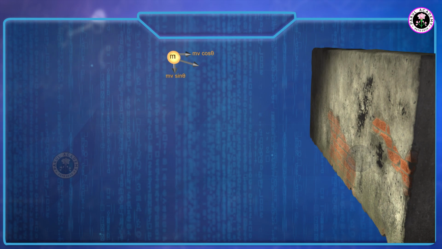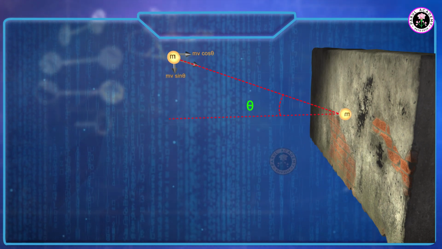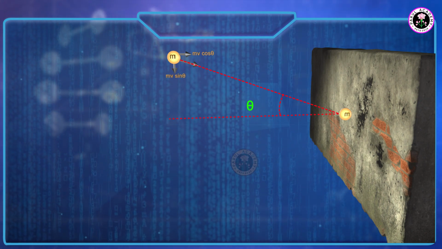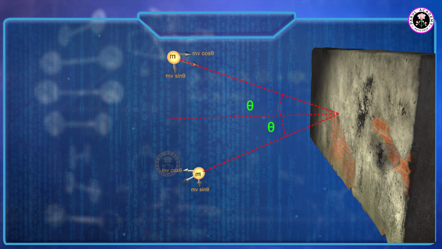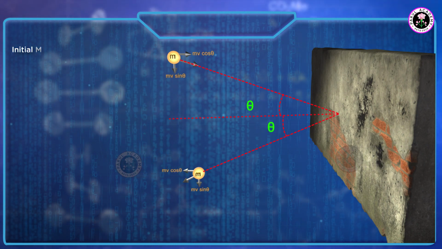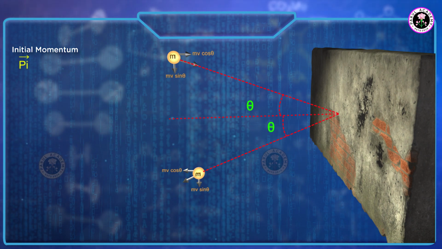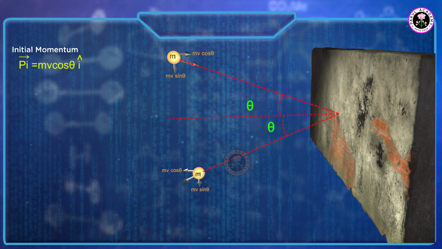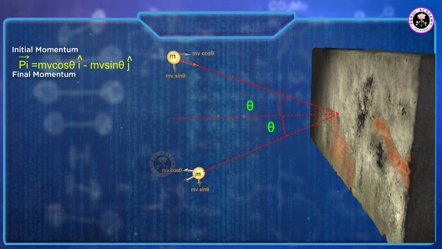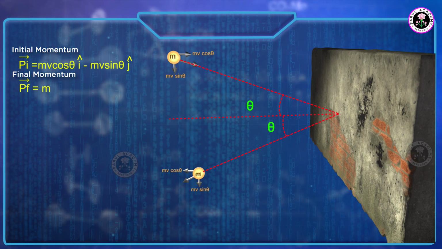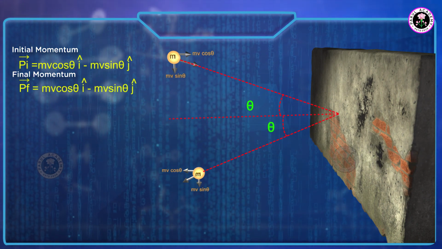Suppose a ball of mass m is thrown at a wall, making an angle theta with the horizontal, and it rebounds back at the same angle with the horizontal. Then the initial momentum of the ball will be p_i vector equals mv cos theta i cap minus mv sin theta j cap, and the final momentum will be p_f vector equals mv cos theta i cap plus mv sin theta j cap.